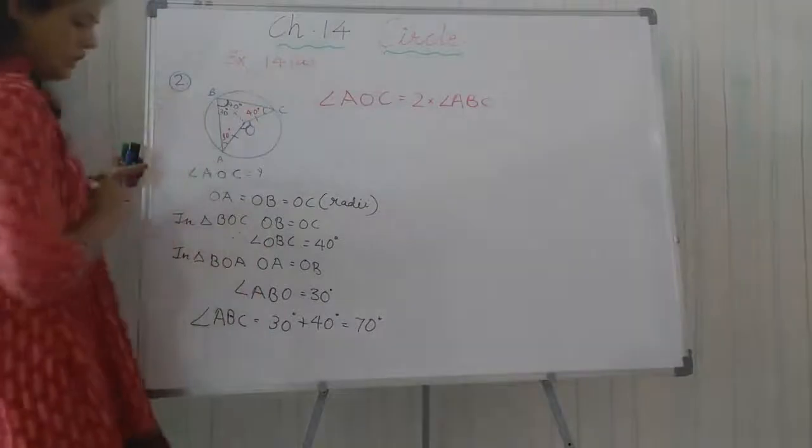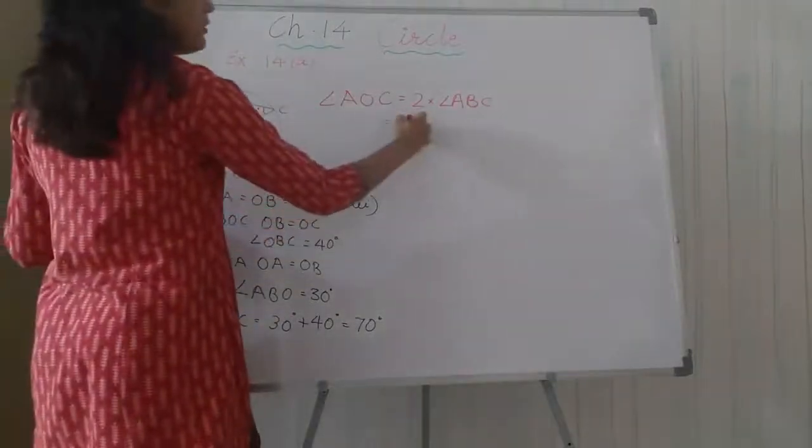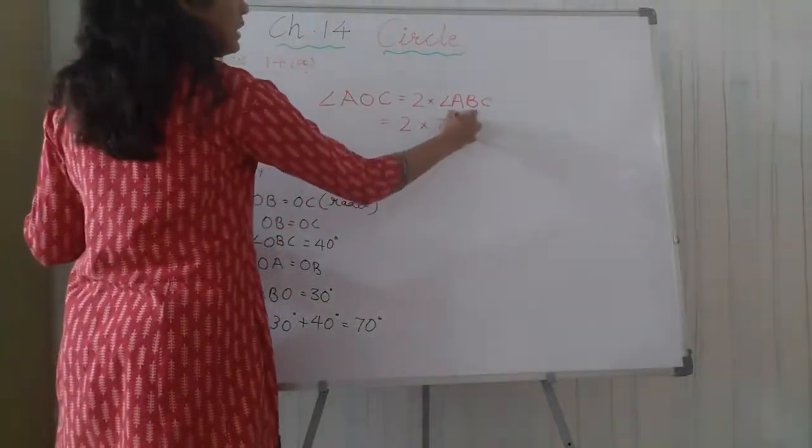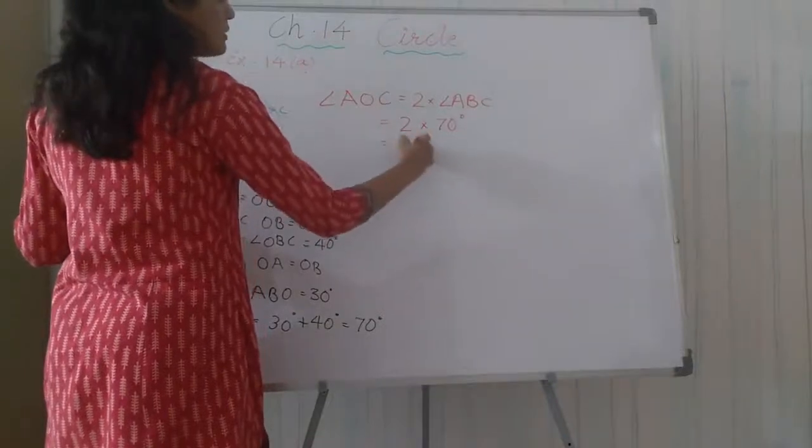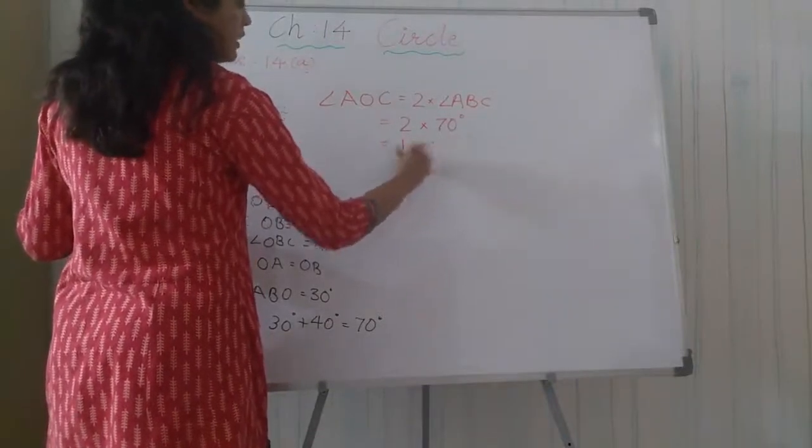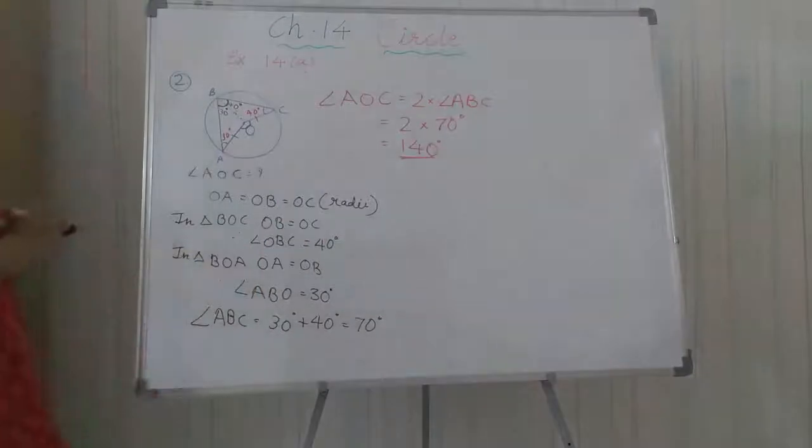Angle ABC we already found here as 70 degrees. So 2 sevens are 140 degrees. So this is our final answer, students. Angle AOC is 140 degrees, which is asked in the question.